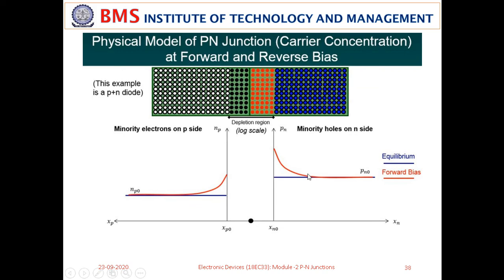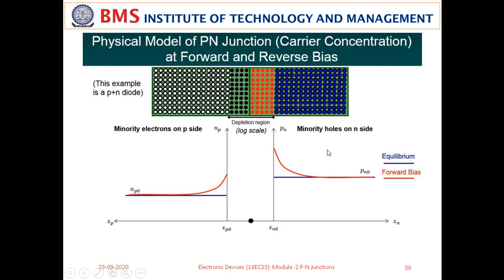The density of the minority carriers here, now holes, is going to be large at the edge of the depletion region, and as you move deeper into the neutral N region, the density of holes keeps decreasing like this, and it becomes equal to the equilibrium condition when you go deeper into the N side.